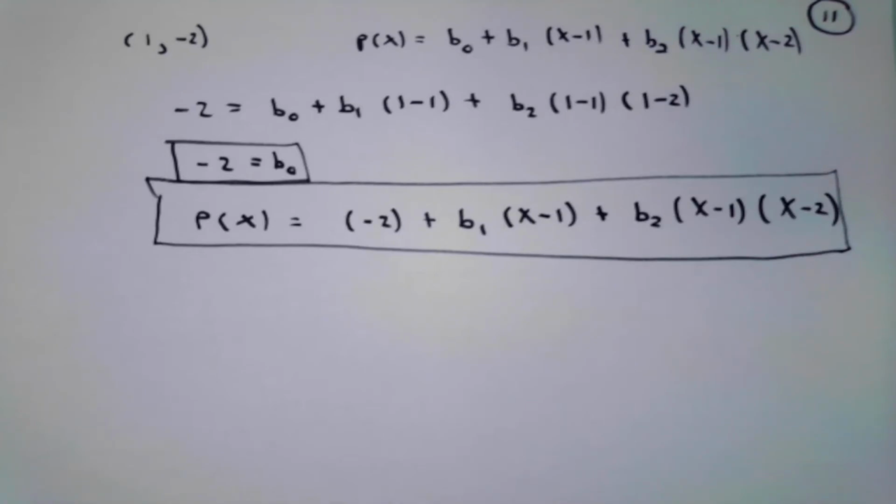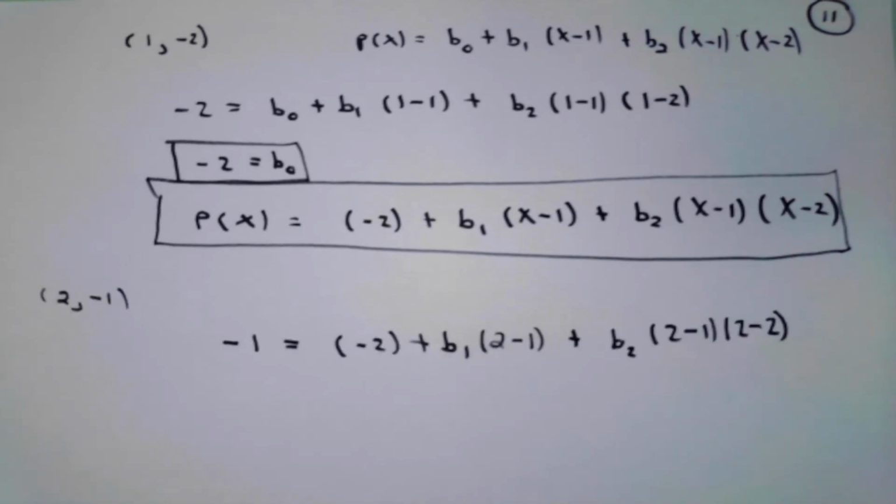This immediately tells me that negative 2 and b0 are the same number, so when I write my polynomial down from now on, I'm just going to write in negative 2 for b0. When x is 2, I want p of x to be negative 1 to match with my data set. This time only the last term is 0, but I have only one variable in this equation now, and it's easily seen that b1 has to equal 1.